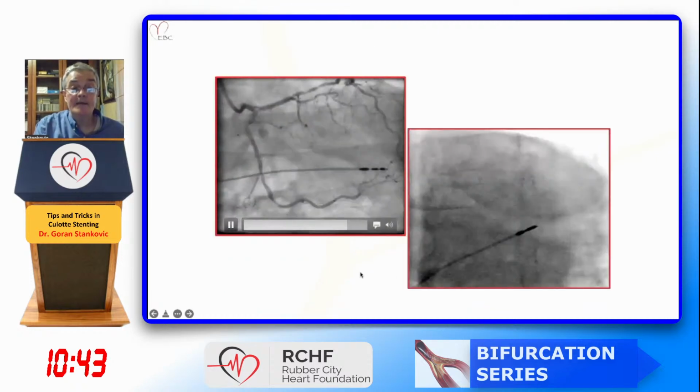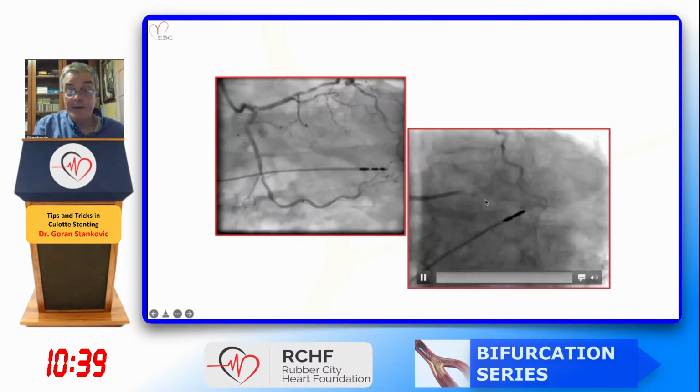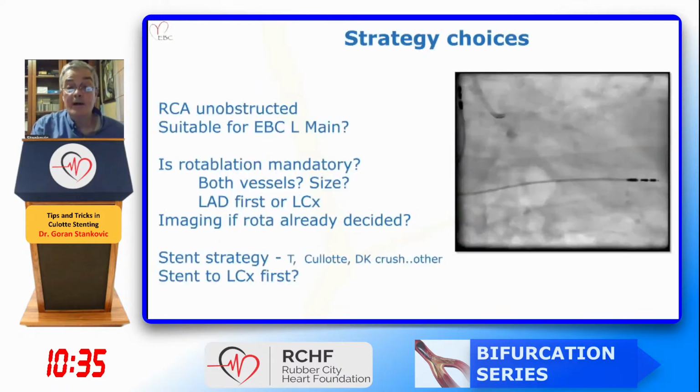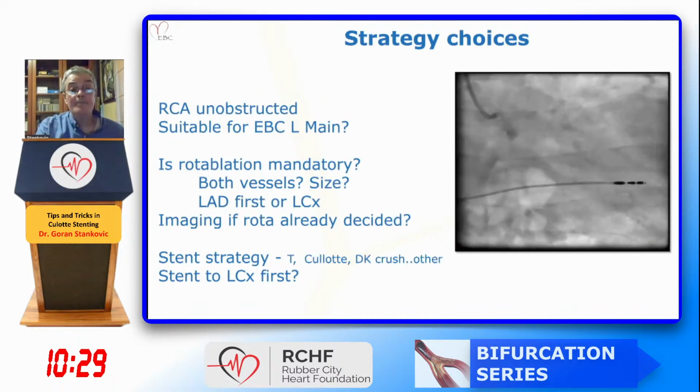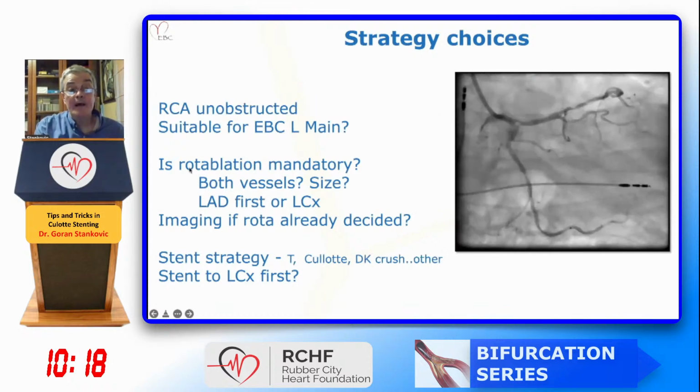And this is the baseline angio, and you see this angiographic appearance usually corresponding to nodular calcium presence. So strategies that were discussed are similar as of today. First, is it suitable for EBC Main at that time to be randomized? And then what should be done for lesion preparation?